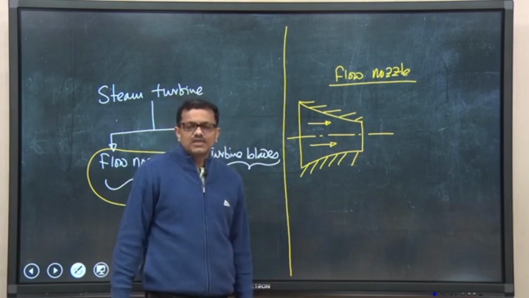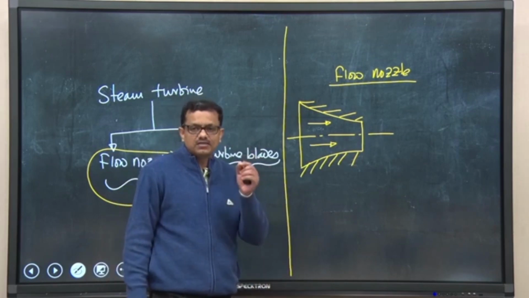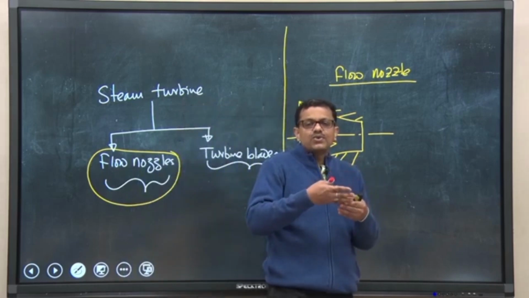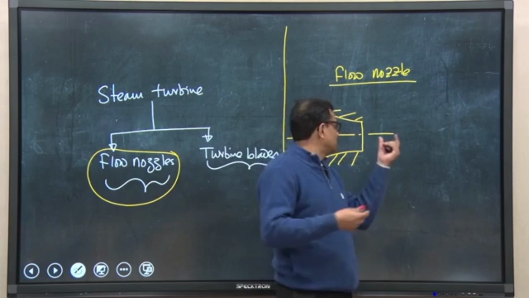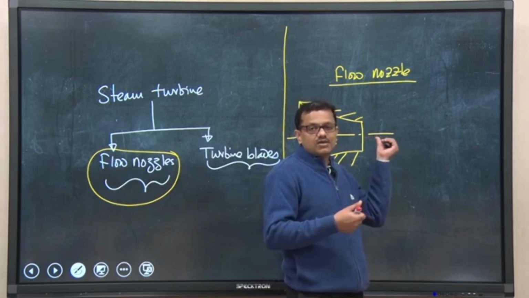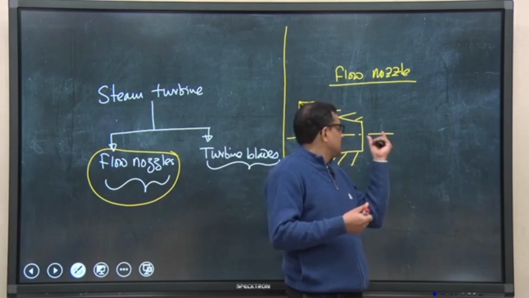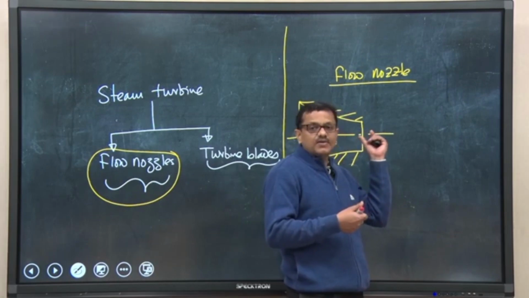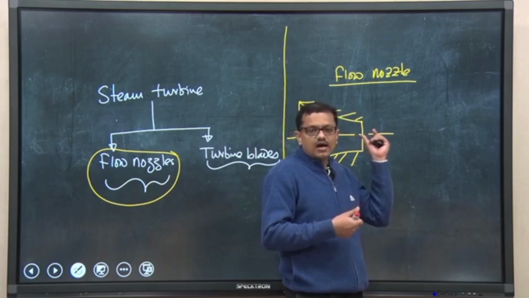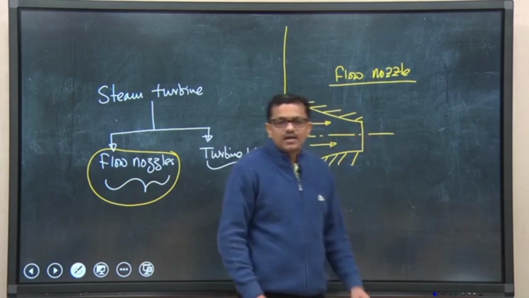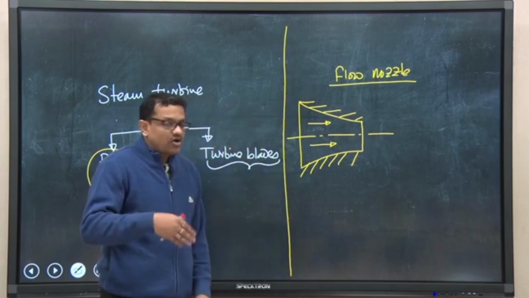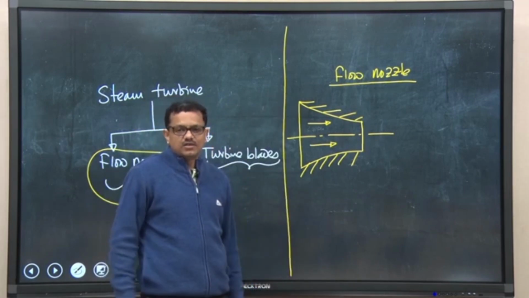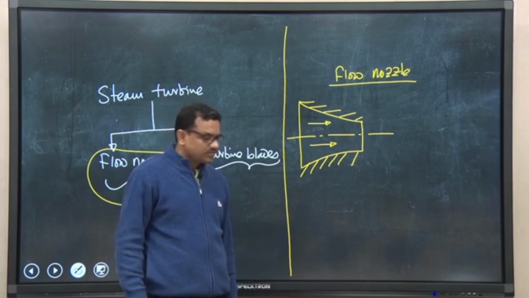While passing through the turbine blades, first it will impinge. The rate at which it impinges on the turbine blades depends on the velocity of steam at the exit of the nozzle. So, you can understand the area at the exit of the nozzle is also an important parameter for the efficient energy conversion that takes place in the turbine.